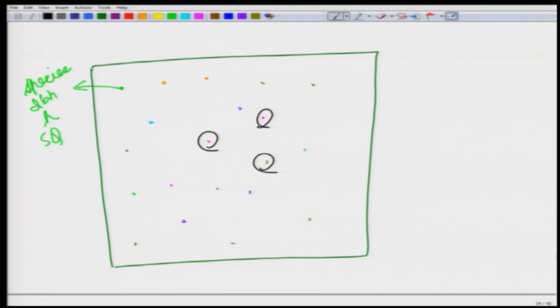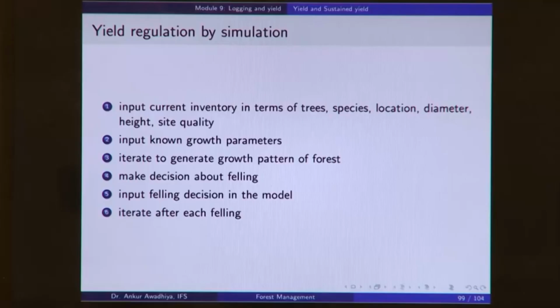Then after 5 more years, that is at the end of 10 years, how would this forest look? What would be the situation? And at that point of time, which other tree can I remove? So, you can do these iterations again and again to figure out which tree needs to be removed and also what volume you will get out of this removal.